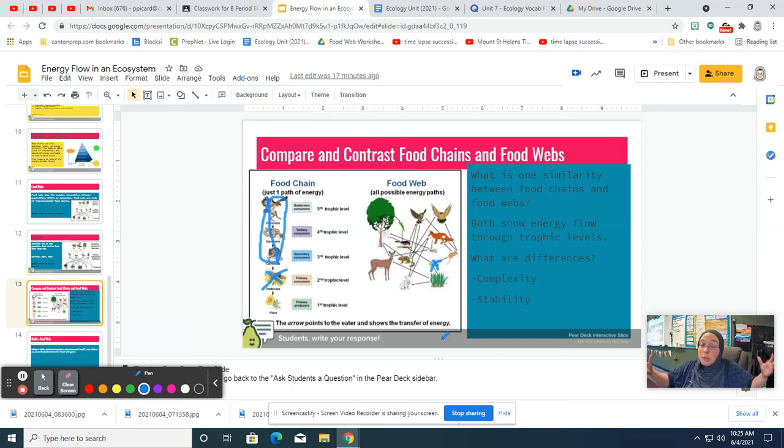Again, really important fact, the bigger the food web, the more organisms, the more paths, the more stable the ecosystem is going to be. This is why biodiversity, the diversity, the variety of living things in an ecosystem, is so very important.